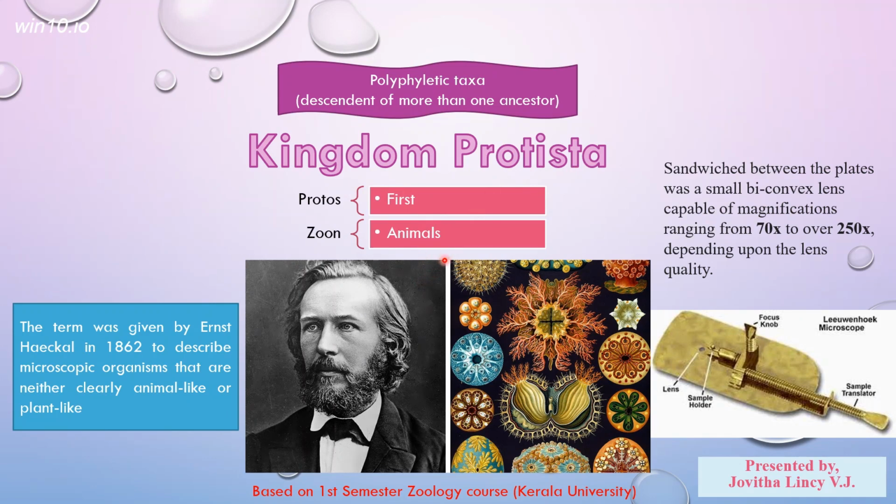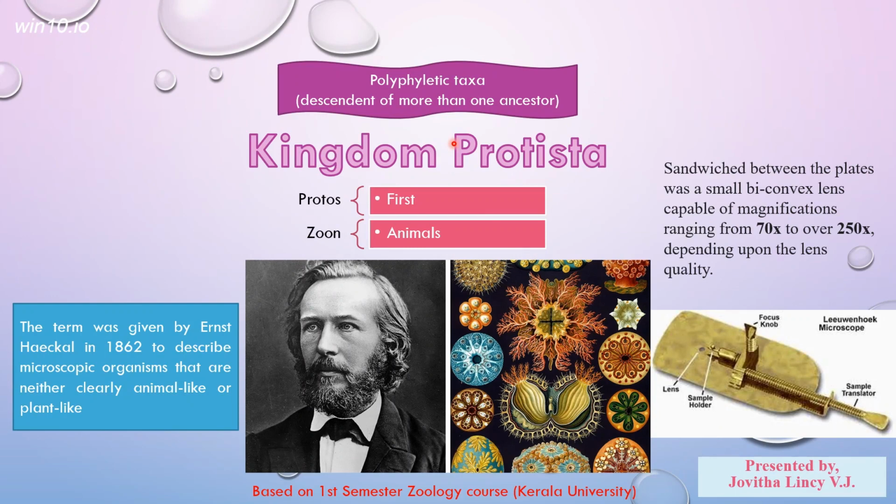However, in 1862, a German biologist named Ernest Haeckel described these groups as neither clearly distinguished as an animal or a plant cell, and later it was identified that it comprises several phyla, and hence it is a polyphyletic taxa, meaning it is not descended from one ancestor. It has several ancestors.